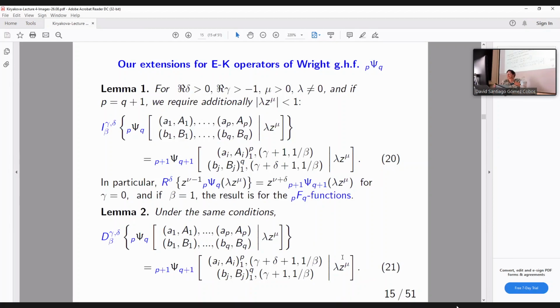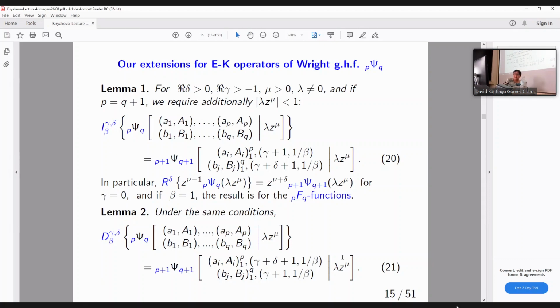But for our purposes, I put this in the form of Erdős-Kober operators with arbitrary three parameters, for the delta of a general Wright function p psi q.